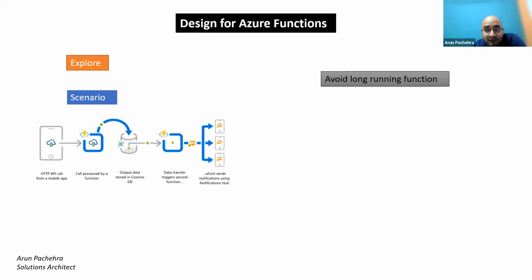Whenever possible, refactor large functions into smaller chunks of code and return responses faster, because it's a small chunk of code. The default timeout is 300 seconds for the consumption plan. However, 30 minutes for any other plan. As I said at the beginning, there are multiple ways we can run the functions.